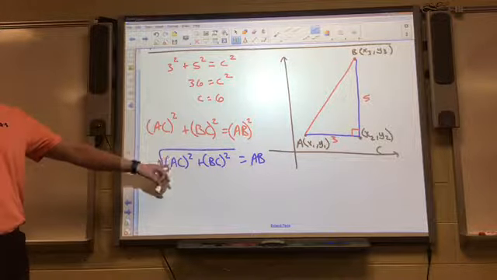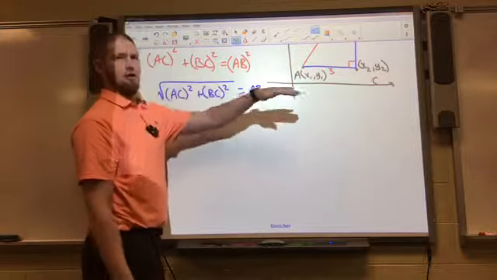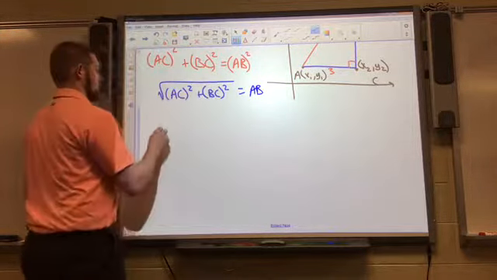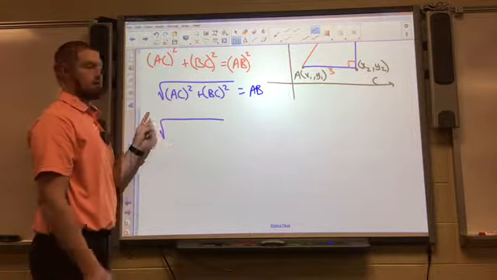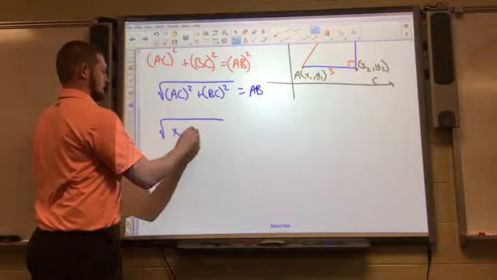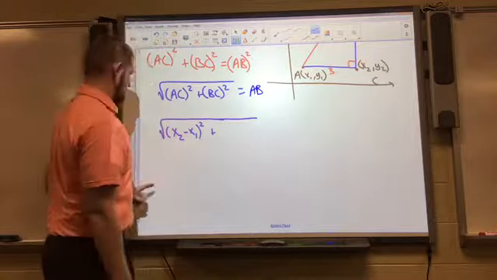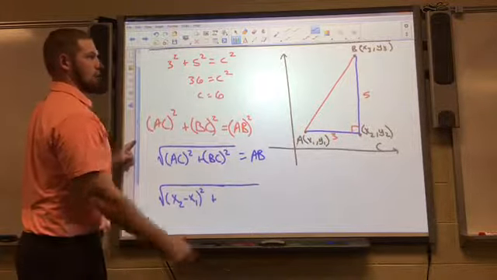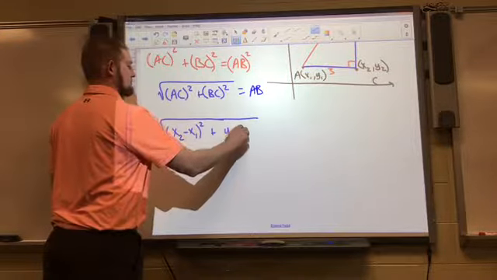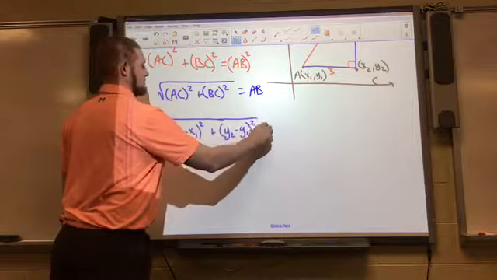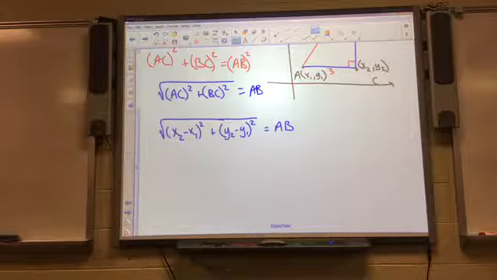Because how do I find the length of AC? AC is horizontal, right? So to find the length of it, I would subtract my x's to find my distance. So it would be x2 minus x1 squared plus, now to find the length of BC, I'd subtract my y's because it's vertical. So what is distance formula?